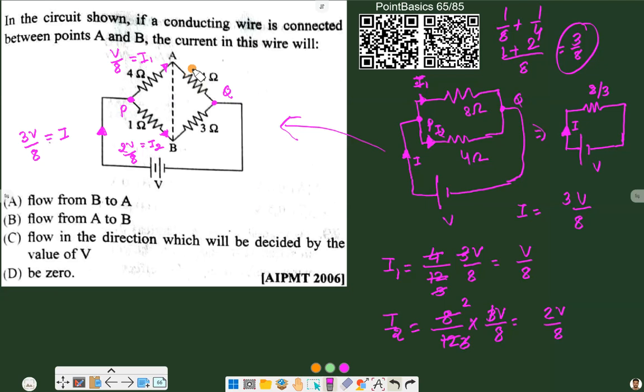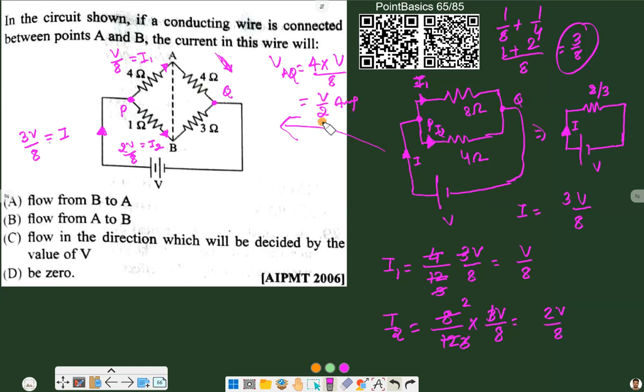Now we know the current through this 4 ohm, and we know its resistance, so we can find out the potential across this 4 ohm, that will be VAQ. It will be 4 times the current, that is V by 8, so V by 2.